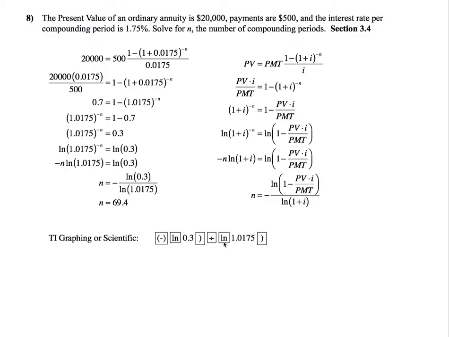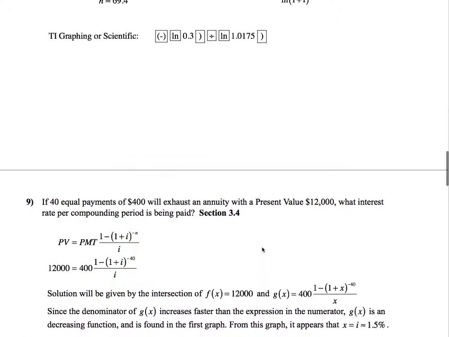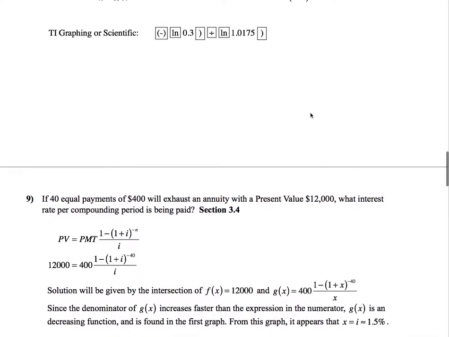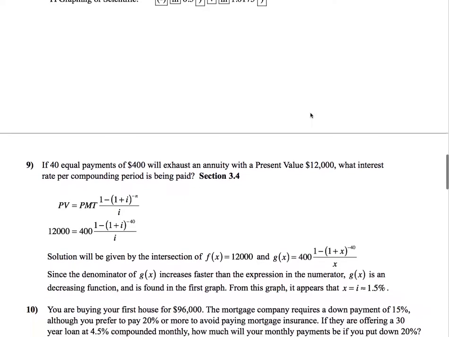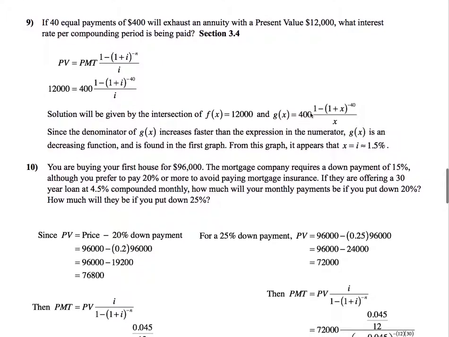And then when you type natural log again, you get a left parenthesis open. You type this number in, and you type a right parenthesis to close those parentheses. And you hit enter, and you should get 69.4. And there's some extra decimals, but that's the cleanly rounded figure that you need.